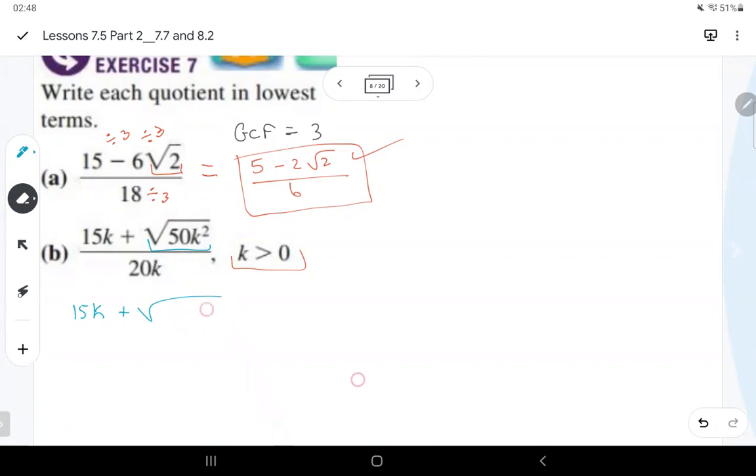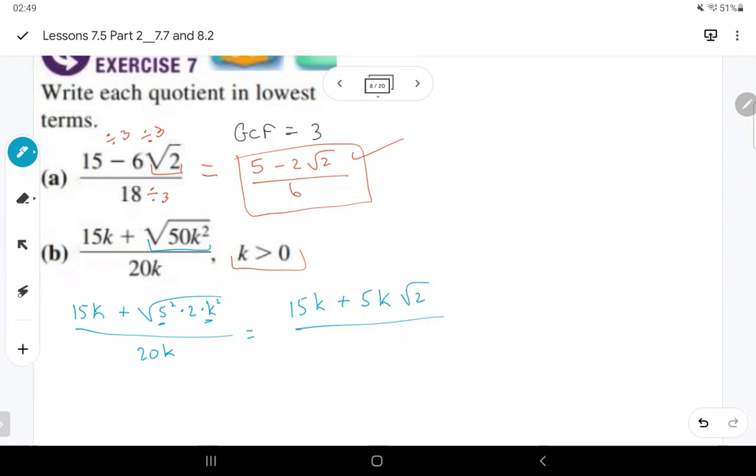This needed to be written as 5 squared times 2 times k squared, not times the 5, all over 20k. We're going to pull out a 5 and a k, so it'll be 15k plus 5k times the square root of 2, all over 20k.